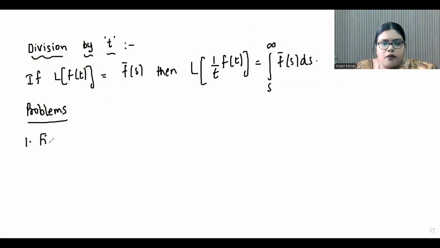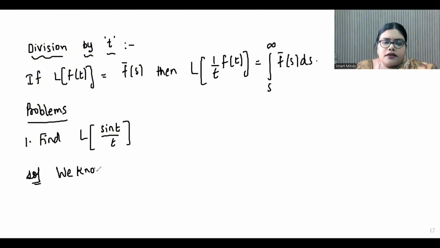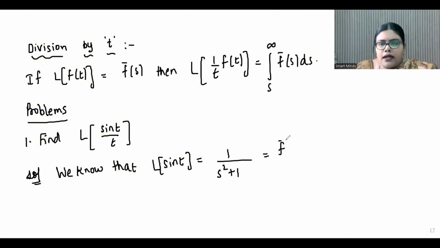So the first problem is find L of sin t by t. Now we know that L of sin t is equal to 1 by s square plus 1. That is f bar of s. Now division by t, what do you have?